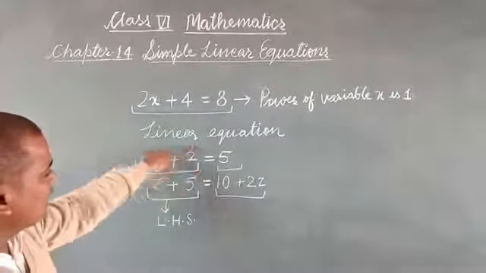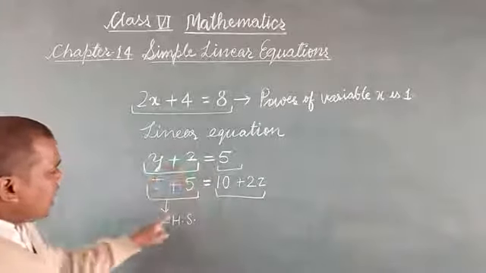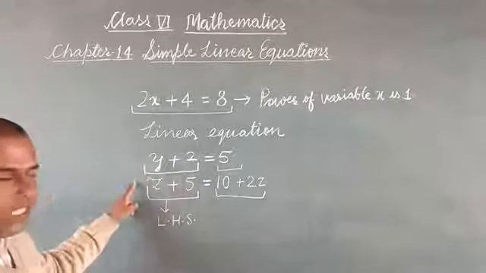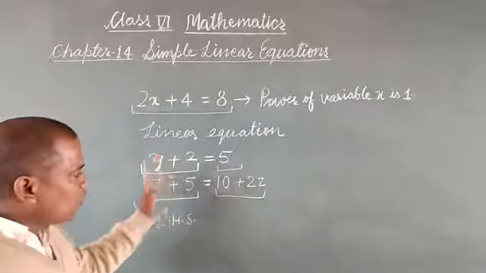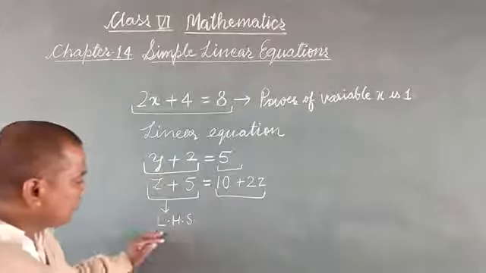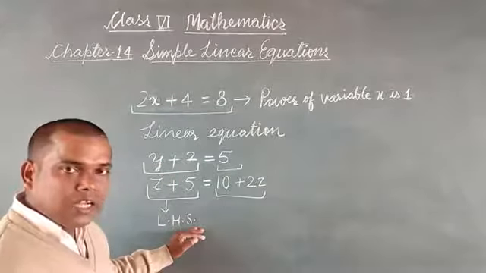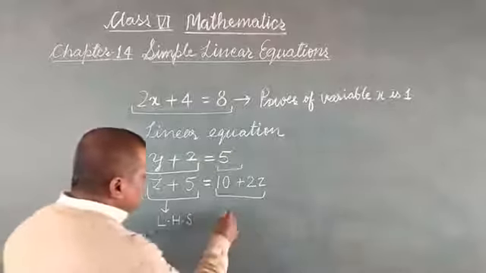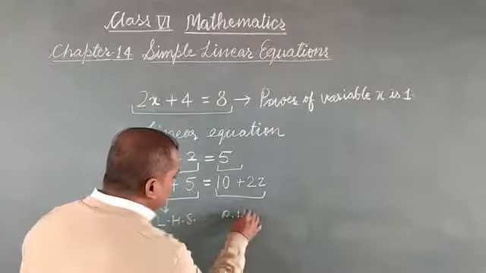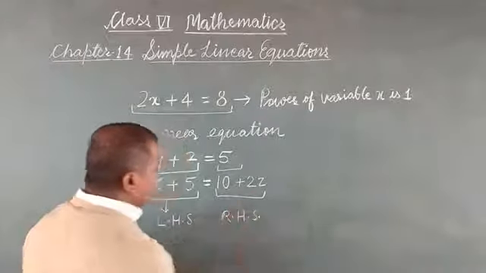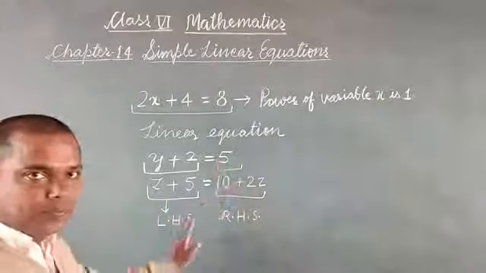The algebraic expression written to the left of the sign of equality is called left hand side, and written to the right side it is called right hand side. Okay.